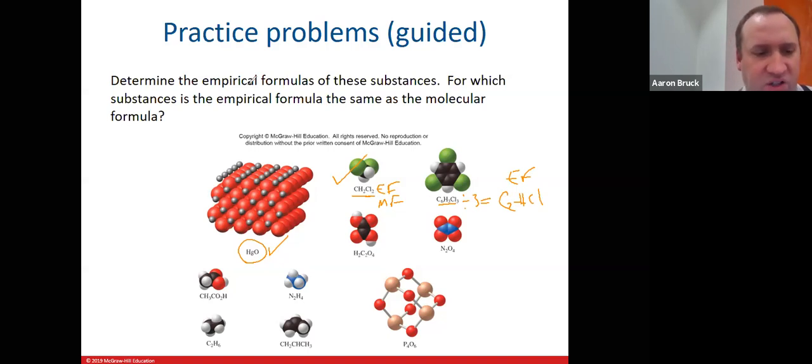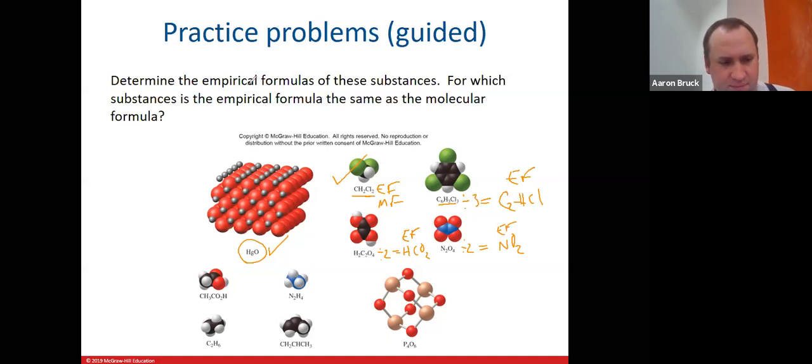Oxalic acid, H2C2O4. Each of those numbers is divisible by 2. The actual empirical formula is HCO2. N2O4. Each of those numbers is divisible by 2. NO2 is the empirical formula for that substance. P4O6 down here.